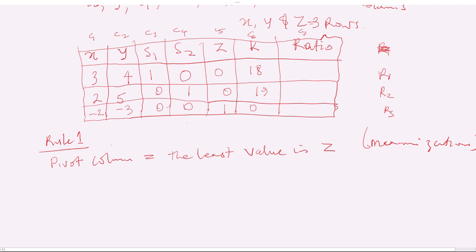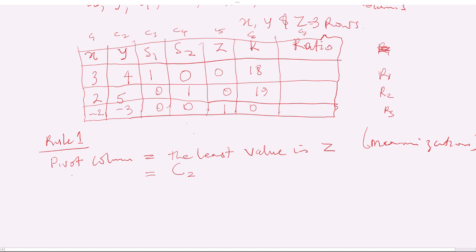Automatically, the pivot column is the C2 column. So with that we now know the pivot column. We have to ask ourselves certain questions.